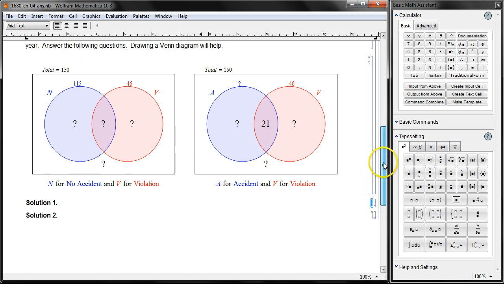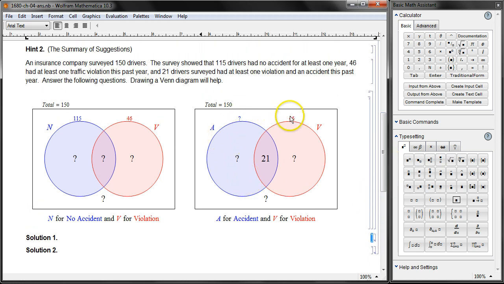Okay, for the student who pointed toward the second idea, let's consider that. A is for accident, V is for violation, and that was a little bit unclear because I didn't start with had an accident, but it is possible to consider it that way because 115 drivers had no accident, which means out of 150, what is it? 150 minus 115, yeah, 35 drivers had an accident, so this question mark is 35.